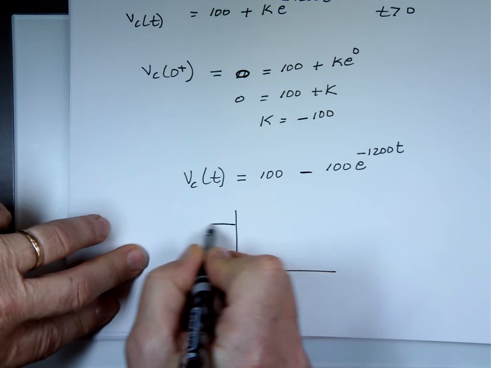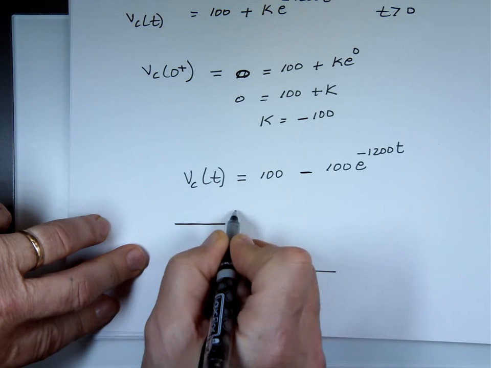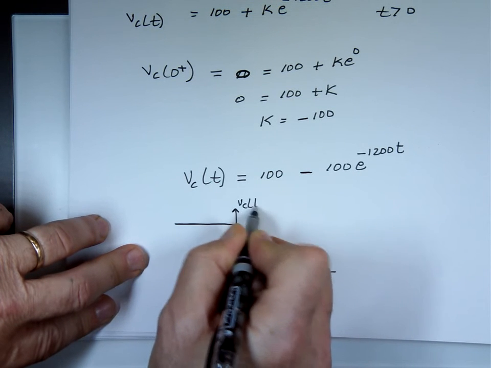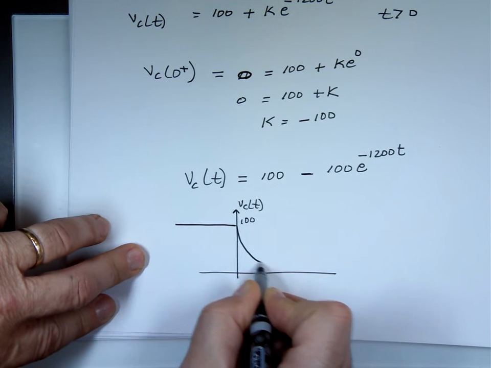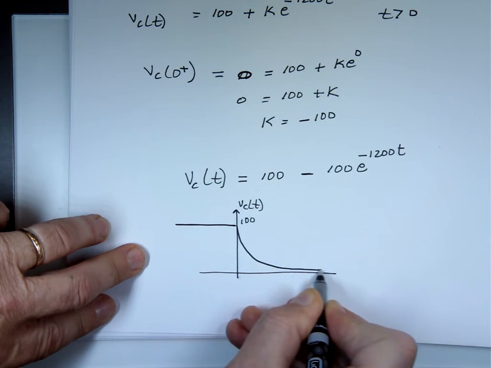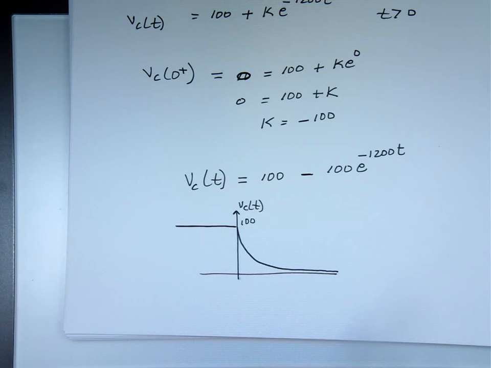It has an initial value of 100, the voltage. Then it's going to decrease like this. And we can calculate how long it would take to reach 0.1, 0.2, whatever value you want to use.